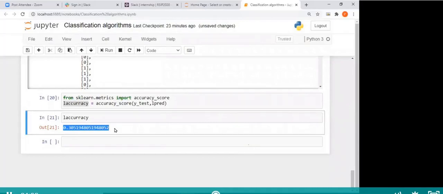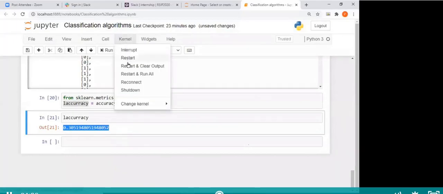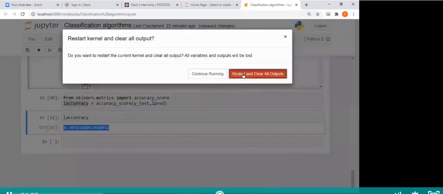So what is the accuracy that you got, guys? Guys, are you not doing it parallelly? Oh, Nitya got 79. That's really good. So I'll just restart the kernel and run it again.